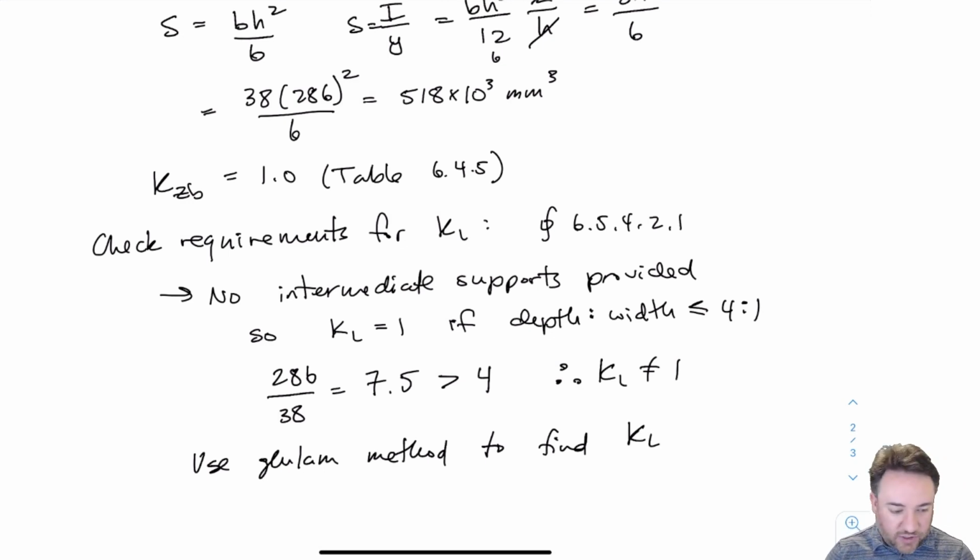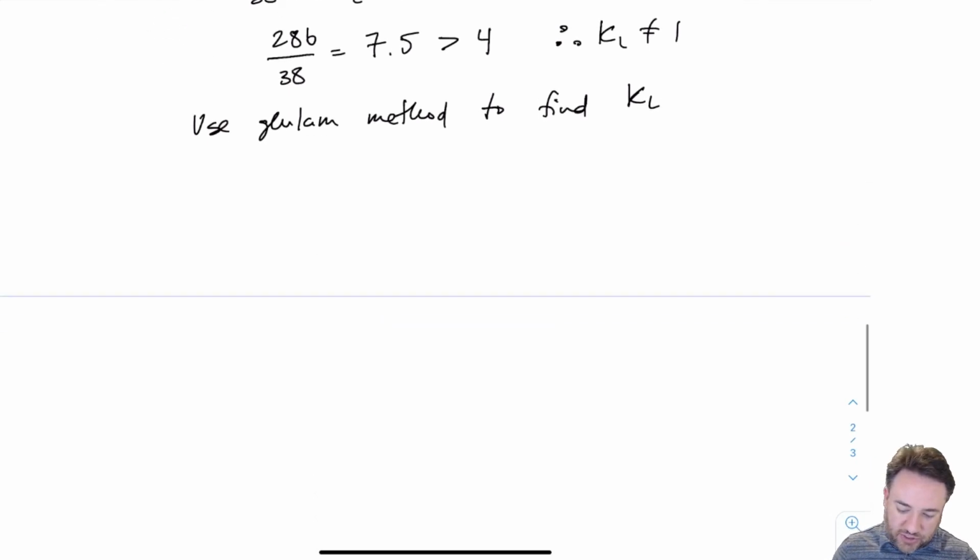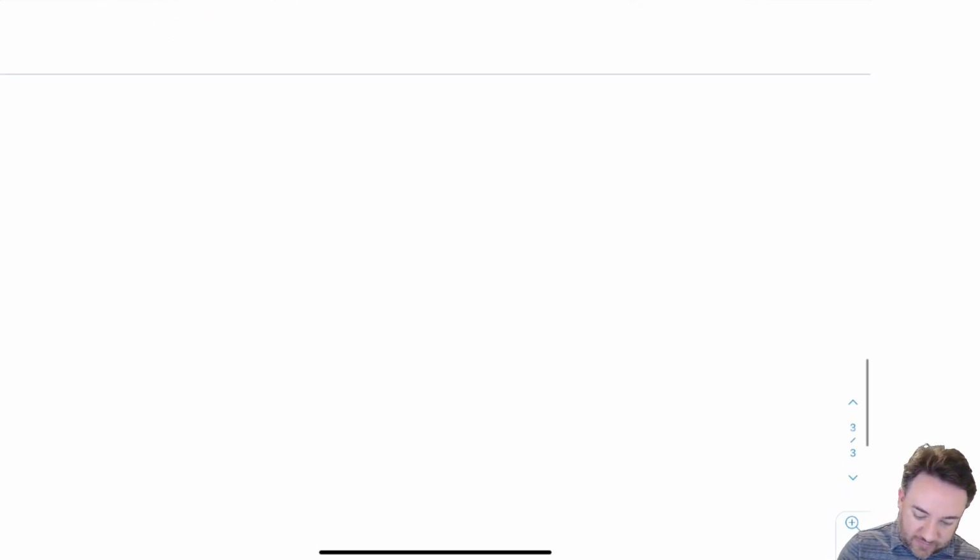So that means that we're going to have to go to chapter 7 of the standard and calculate our effective length and our slenderness ratio and figure out which kind of buckling regime we're in out of the 3 possibilities, and then use that to calculate our KL. And we're going to do that for 2 different conditions because we're going to have 2 different KLs.